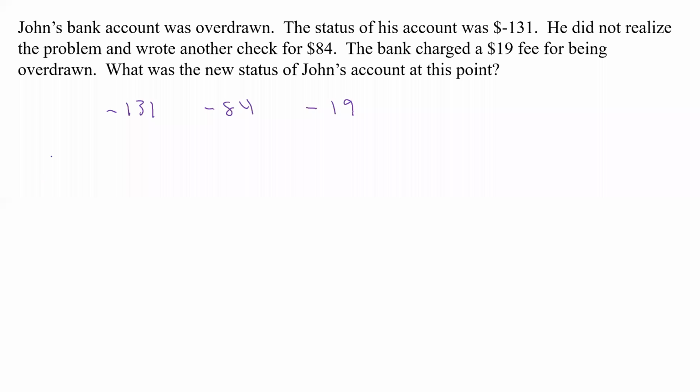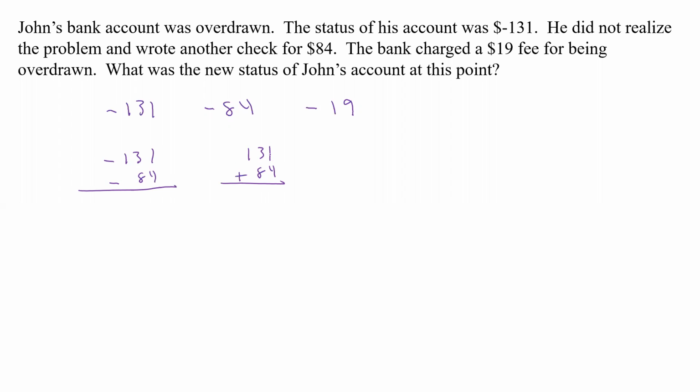Well, when we have the two values here with the same sign, what we can do is start with negative 131, and then we're going to subtract off 84 more. And another way to think about this is we're going to add, since these have the same symbol out in front, both of them are negative, we can just add the two together.